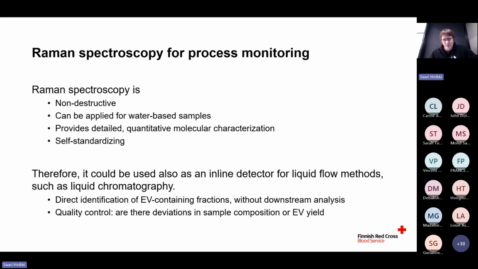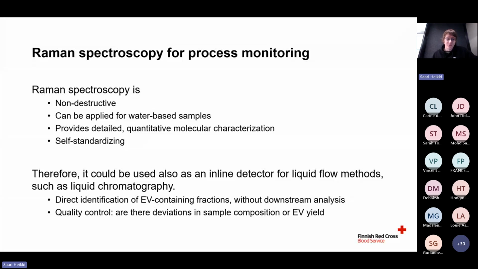So with that in mind, we thought that it might be very useful to use Raman spectroscopy to monitor the EV purification process. Because Raman spectroscopy is non-destructive. You just measure the scattered light from your sample that you illuminate with a laser. It works with water-based samples, unlike infrared spectroscopy, which is very similar to Raman.